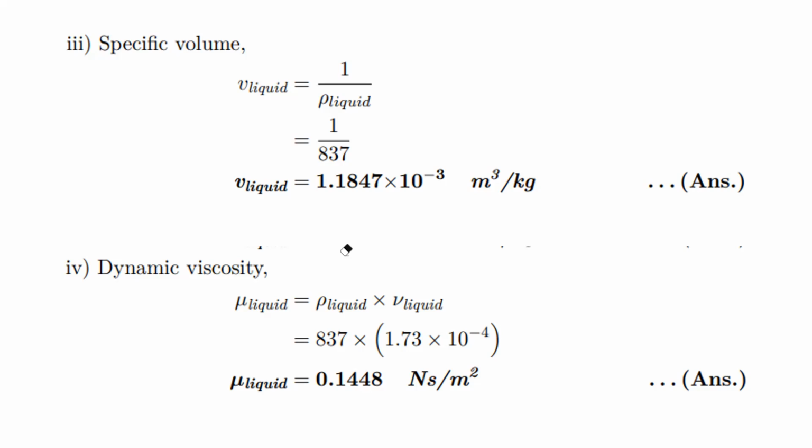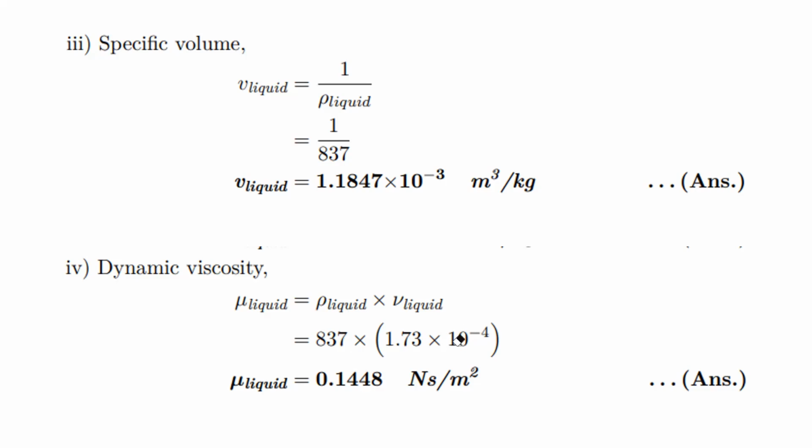That is rho liquid is 837 kg per meter cube multiplied by the kinematic viscosity 1.73 into 10 to the power of -4. Why this 10 to the power of -4? In order to convert 1.73 Stokes into what? Meter square per second. That is the unit of kinematic viscosity.